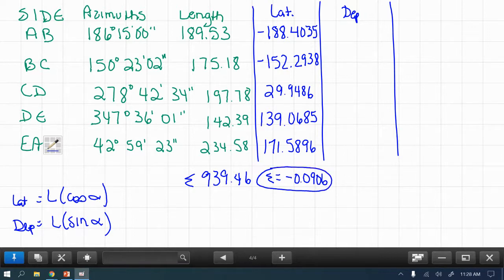That's your error of your latitudes. Adjusted. Yeah, so that's actually your latitude misclosure.